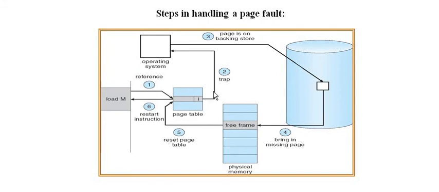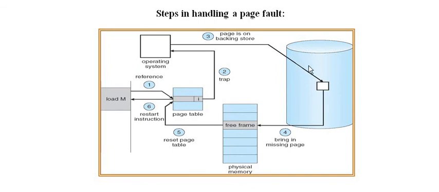If it is not available, it goes to the second step and informs the operating system that this particular information is not available. What the operating system does is find that the page is on the backing store, because the backing store is nothing but the secondary storage.